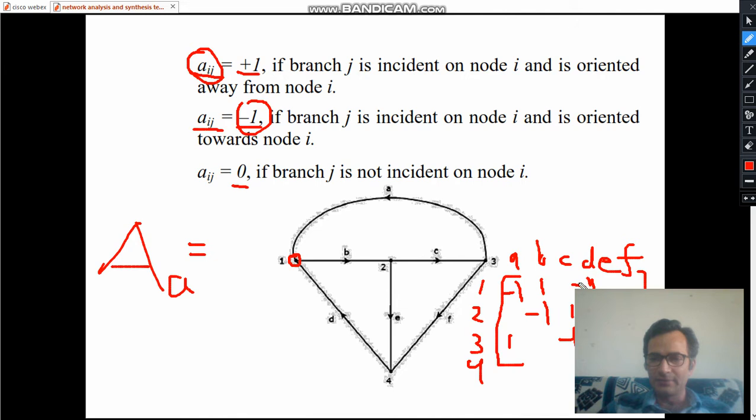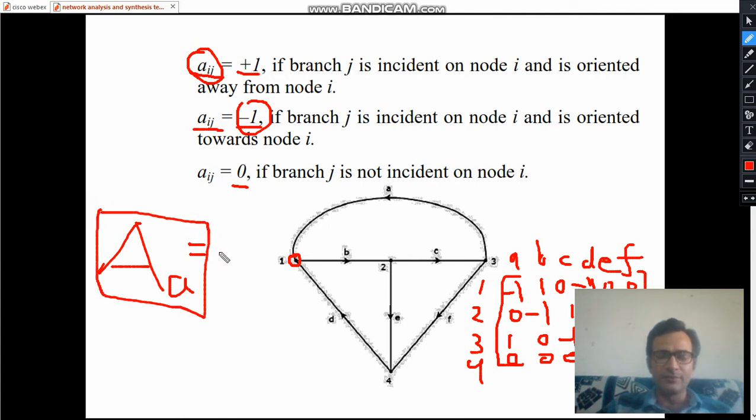The rest of the elements will be 0, like this. So this way we will be able to write it. So this is the augmented incidence matrix A augmented.